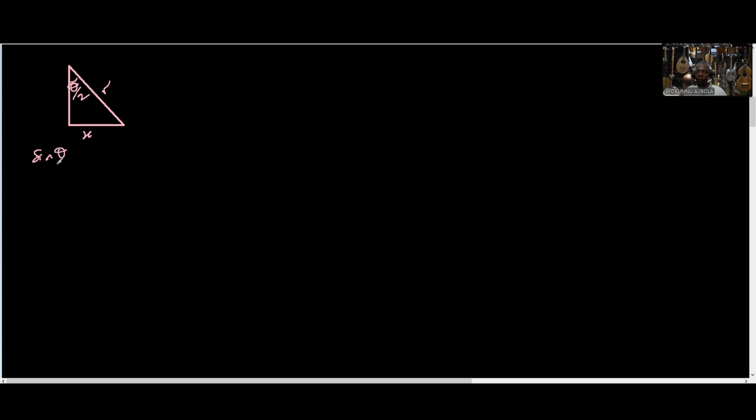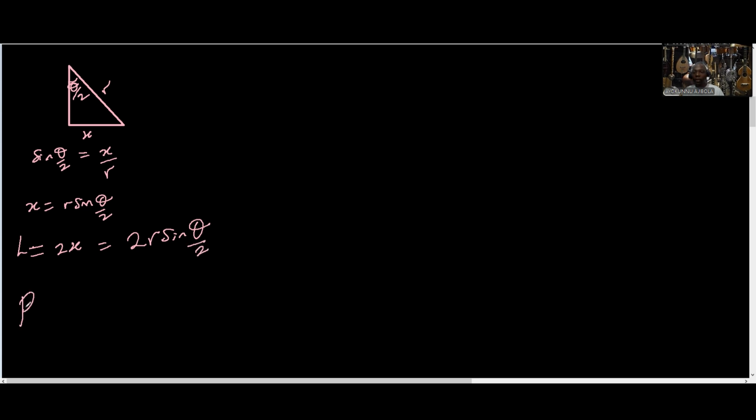Sine theta over 2 equals opposite over hypotenuse. So x is r sine theta over 2. The length that you're looking for is twice x. So the formula for the length of a chord is 2r sine theta over 2.